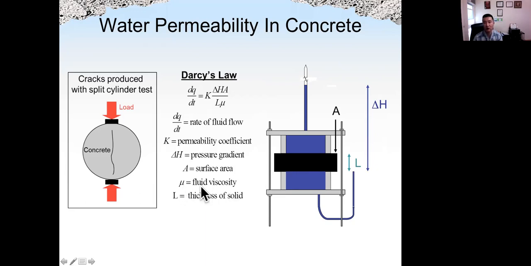Mu is the viscosity of the fluid, the water, and L is the thickness of the solid. So based on this, we can measure everything except the K value. We can calculate the permeability coefficient from the measurement of delta H, A, mu, and L.